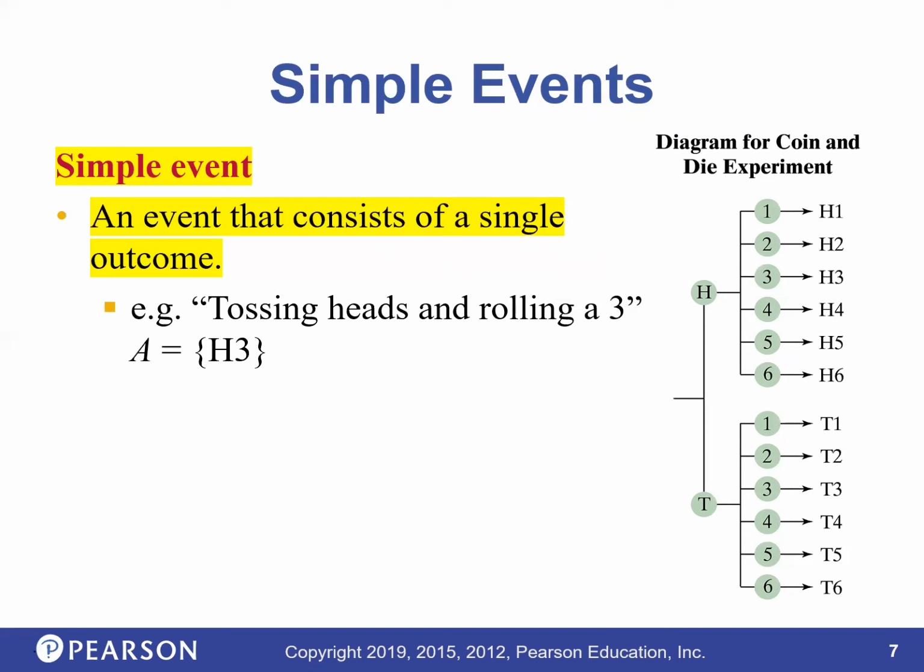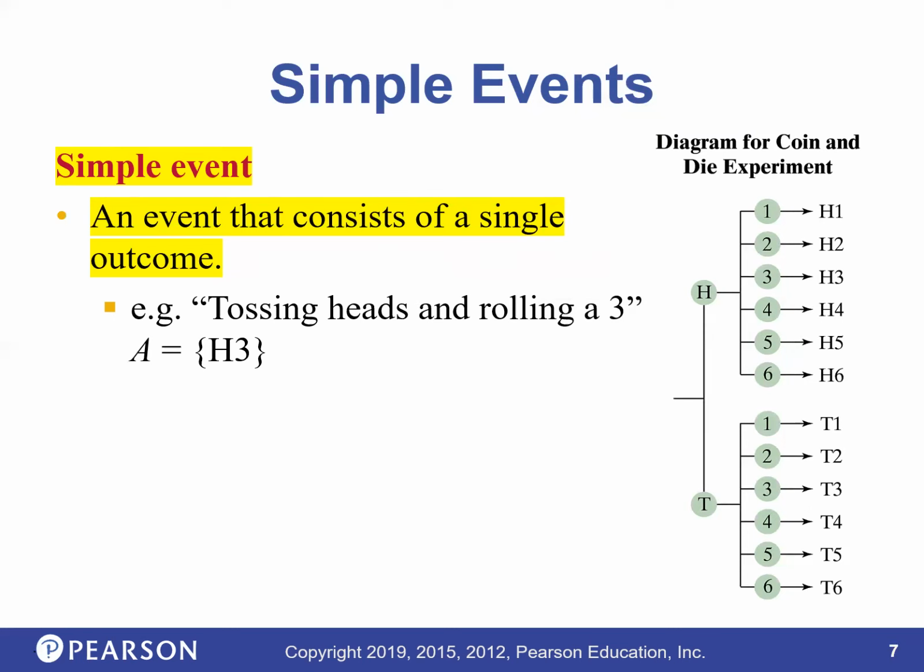We're going to deal with simple events first for a little while, just to get the hang of it. And then we'll go into non-simple events, which gets a little tricky. The simple event is just consisting of a single outcome. On the blood test that we had before, that would be like O positive. Right? That's a simple event.